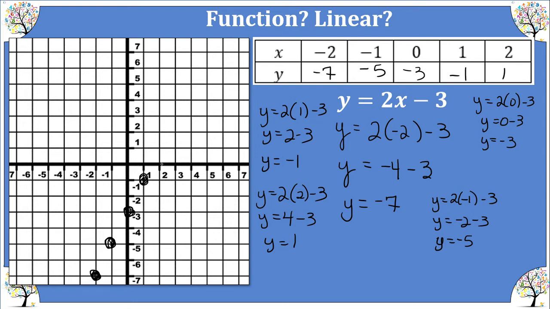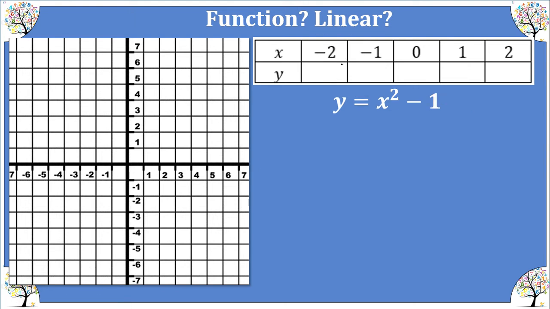So 2, 1. So you can see if we were to draw a line, this is a function and it's a line. It's linear. Okay, you see the word line and the word linear? So this is how you can tell. So let's do a few more.